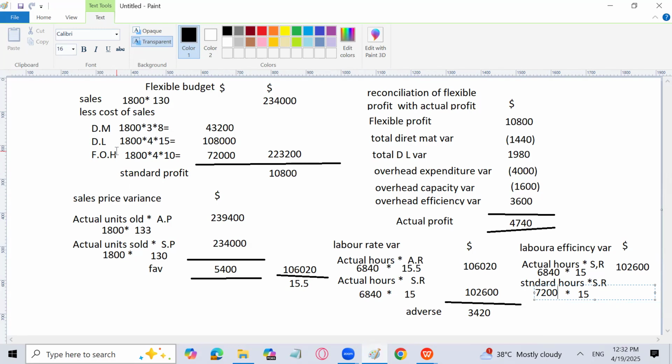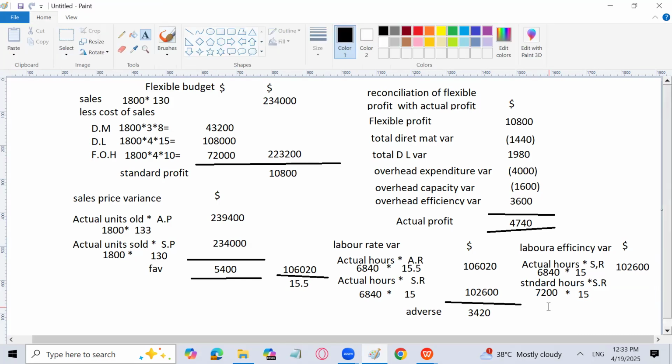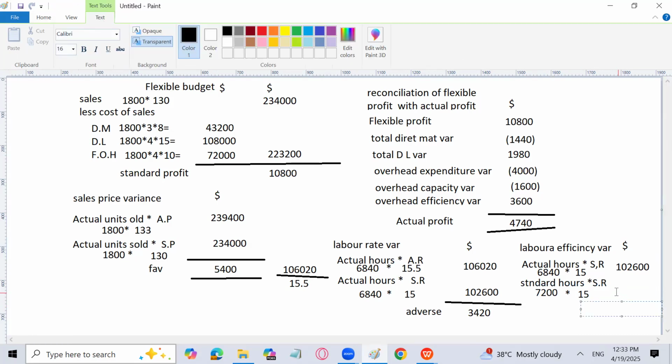So actual units are 1800, and according to standard, we should use 4 hours on each unit. So 1800 into 4, the standard hours are going to be how much? 7200. Okay. Now let's multiply this. 7200 into 15.